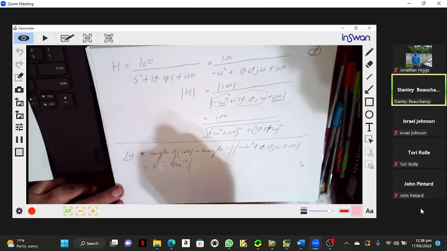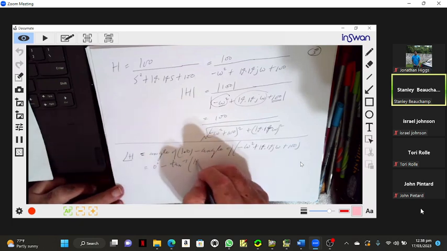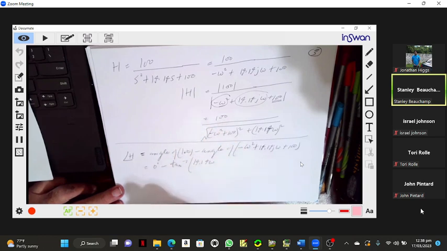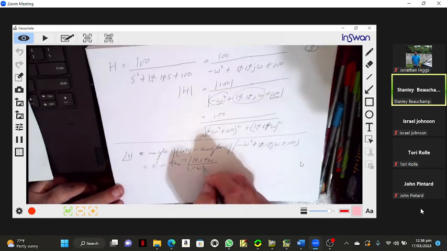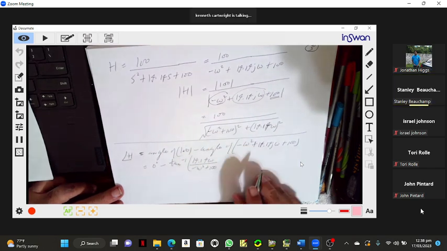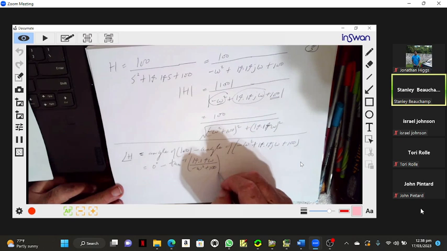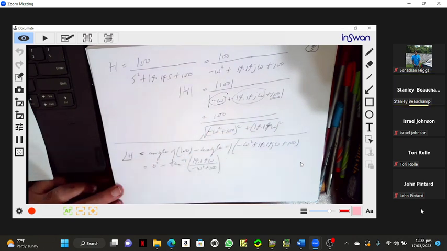So that's 14.14 omega divided by, open bracket, negative omega squared plus 100. Why do I need a bracket there? I mean, I just do it to be safe.